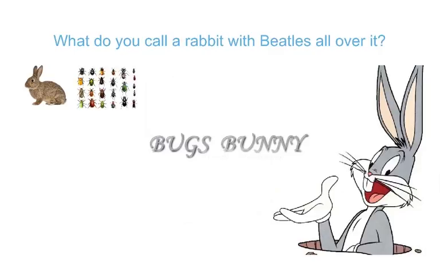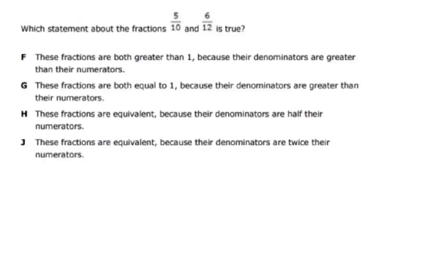Bugs Bunny. Okay, so now we're going to move on and talk about some word problems. This problem may look very familiar. As a matter of fact, you've seen it. Now, which statement about the fractions 5/10 and 6/12 is true?